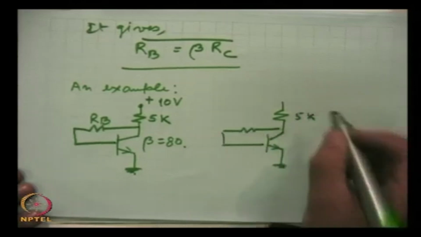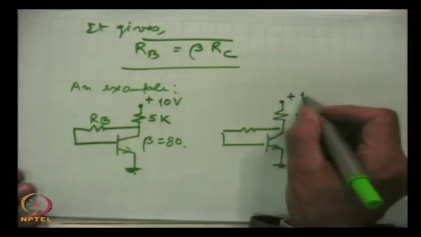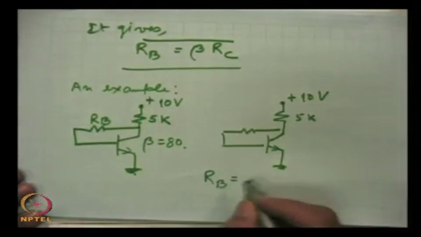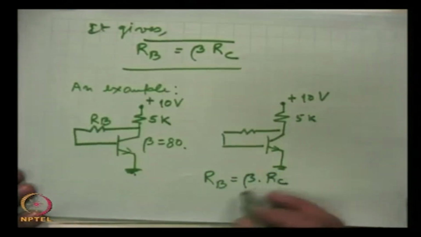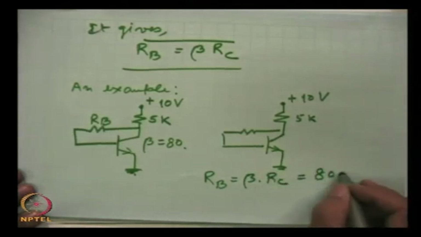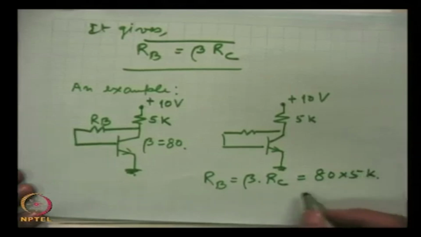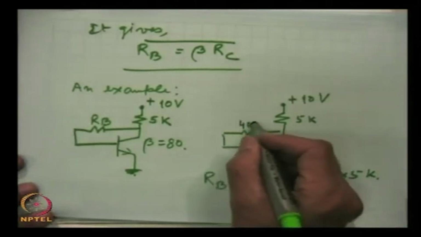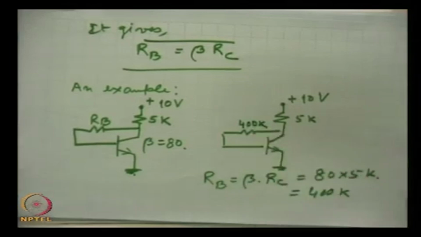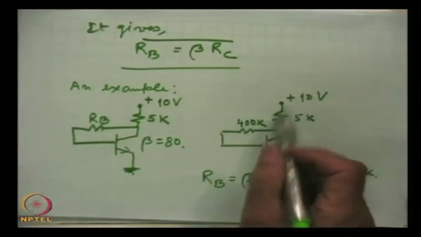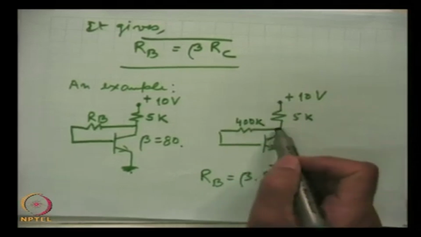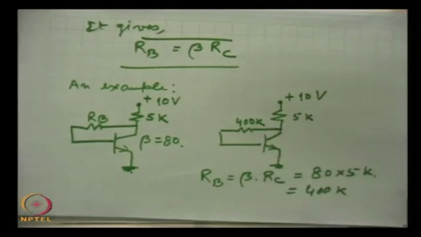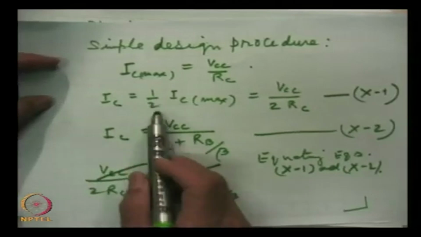This is 5 kilo ohms, and this RB from this relation, RB is equal to beta into RC, and this is 80 into 5 K, so 400 K. So this resistance is 400 K. This will give the midpoint operation for the collector feedback bias, because in this condition we have used IC is equal to half IC max.